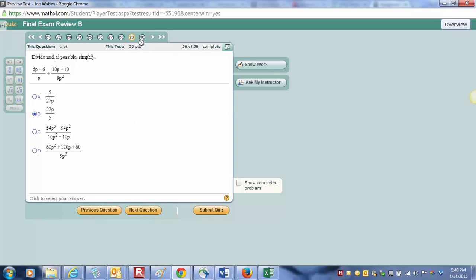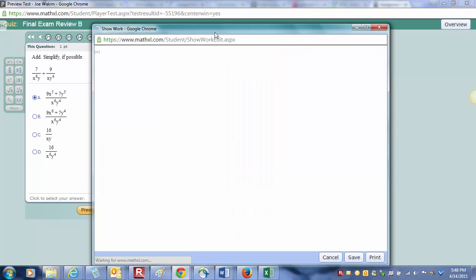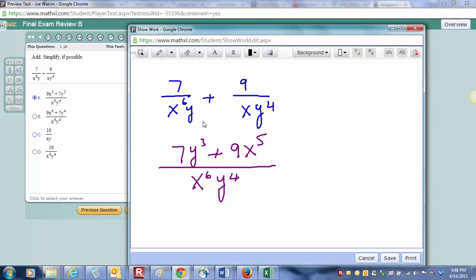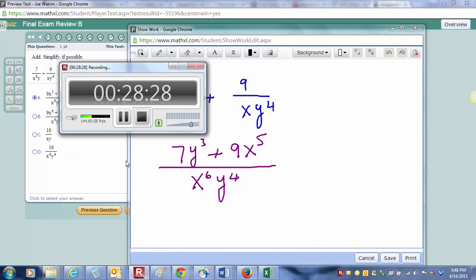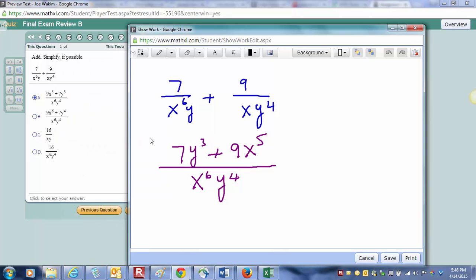Number 30. Here we have to add. And to add these rational expressions, we have to find the lowest common denominator. Between x to the 6th and x, we take x to the 6th. Between y and y to the 4th, we take y to the 4th.